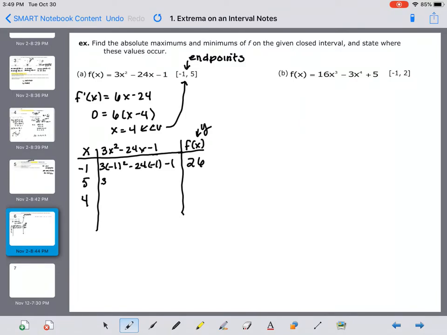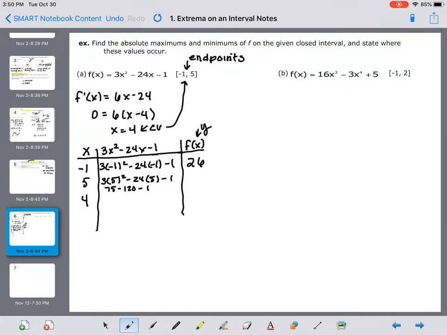If I plug in a 5, we're going to do the same thing. So 5 squared gives us 25. 25 times 3 gives us 75. So that right there is 75. 24 times 5 gives us minus 120 minus 1.